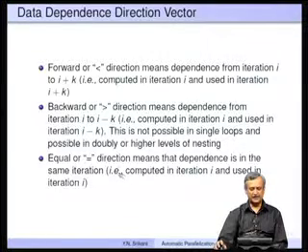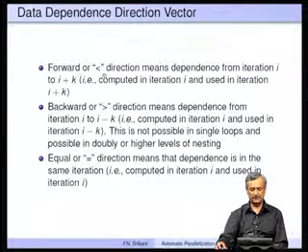So, what exactly is this direction vector that I mentioned just now? Informally, let us understand the direction vector. The exact computation of direction vectors will be taken up later. There are three types of direction vector components possible. One is the forward component, the other is the backward component, and the third one is the equal to component.